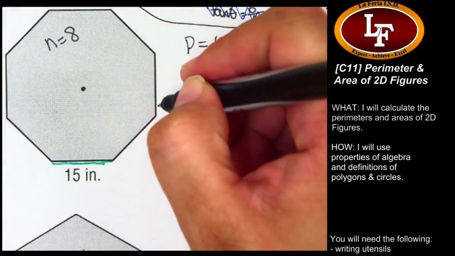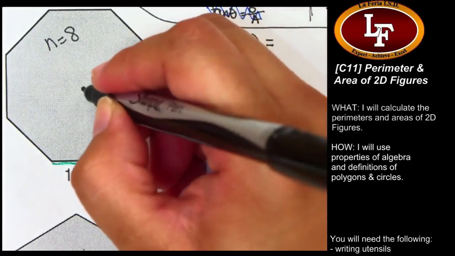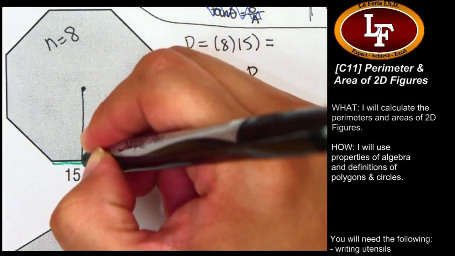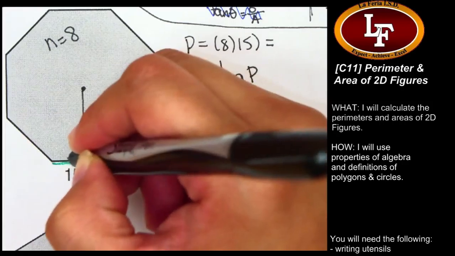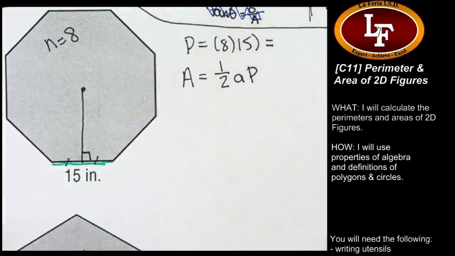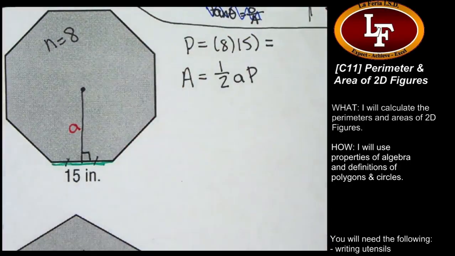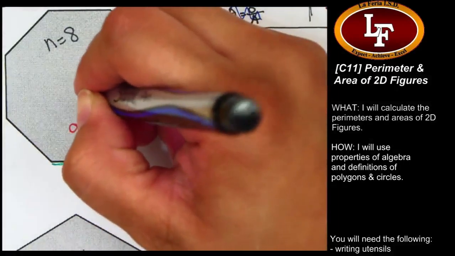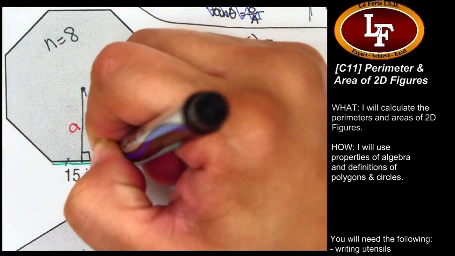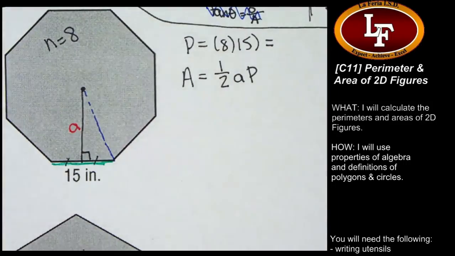Remember that the apothem is a segment that goes through the center and is the perpendicular bisector of a side. So there is an apothem. I'm going to label it A. And I'm going to go ahead and show where my radius would be. So here's a radius. It creates our right triangle.